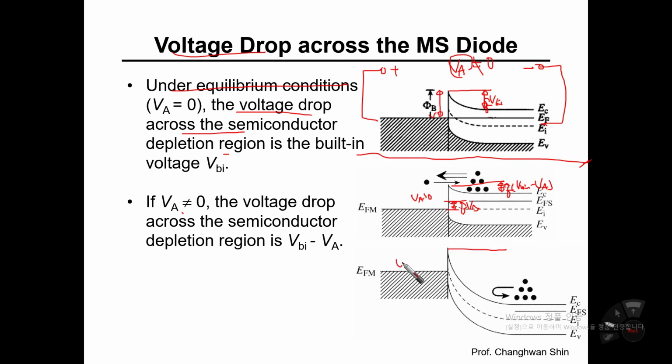But if VA is negative, as shown here, then the energy barrier height from here to here, the conduction band edges, becomes Q VBI plus VA. Okay. All right.